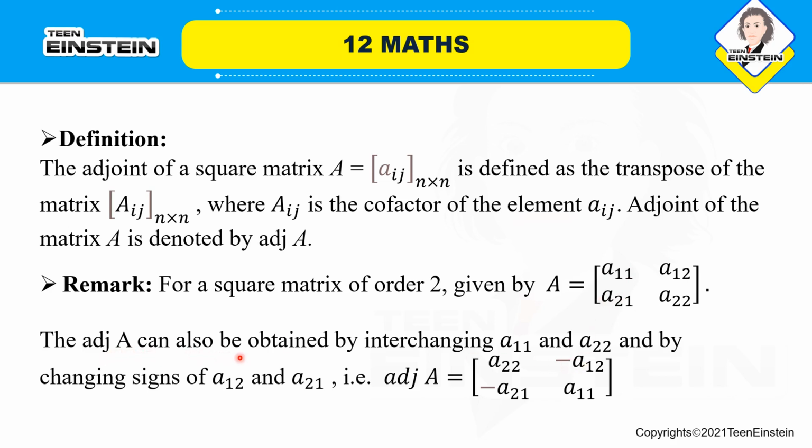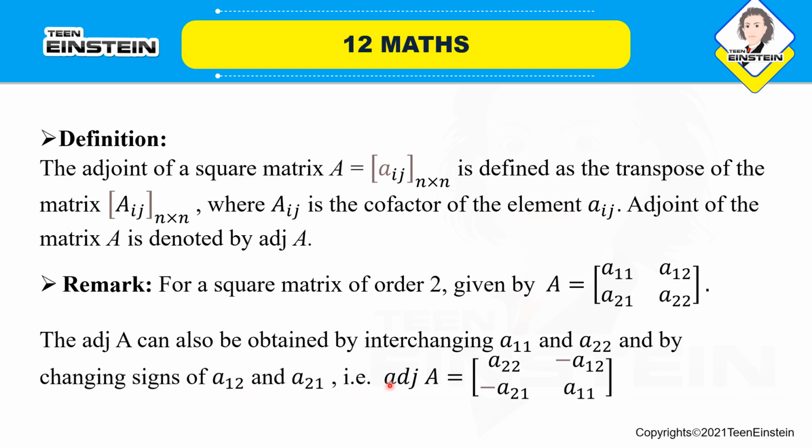The adjoint of A can be obtained by interchanging the elements A11 and A22, the elements in those positions, and by changing the signs of A12 and A21, the elements in positions 1,2 and 2,1.